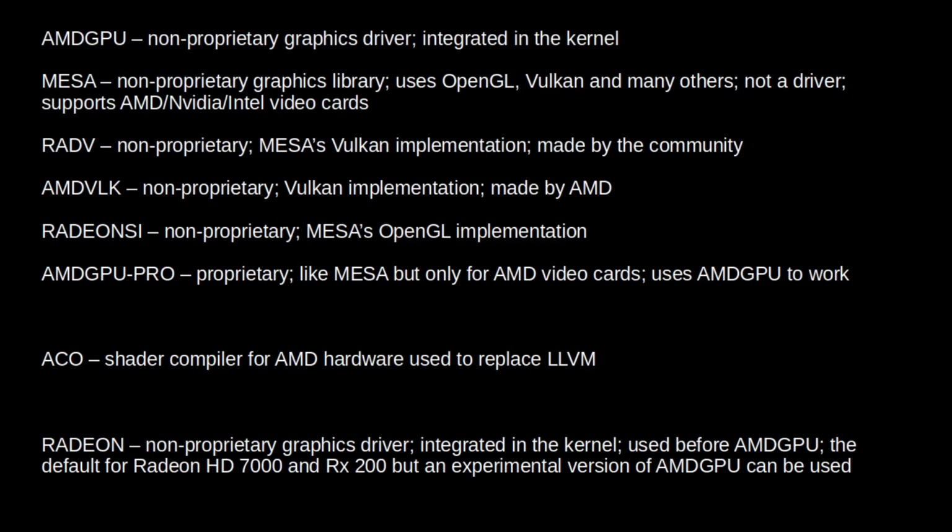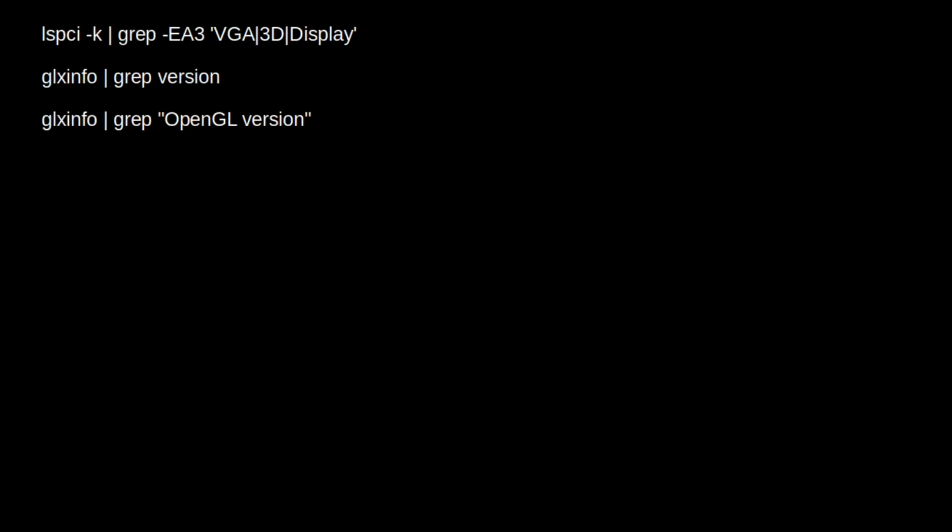And the Radeon video driver has been in use since Radeon 7000, which was released in the year 2000, and around the time when Vulkan became a thing, everyone switched over to AMDGPU.